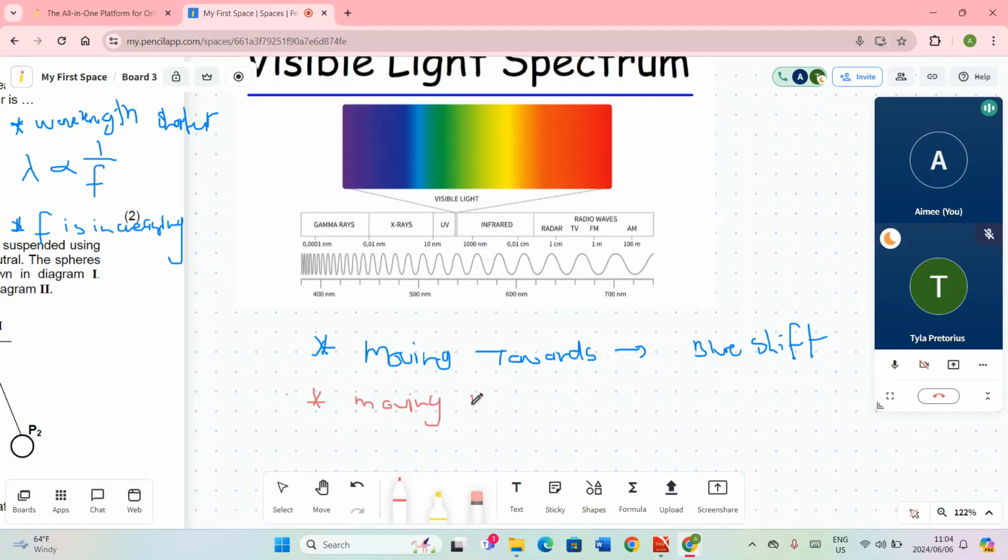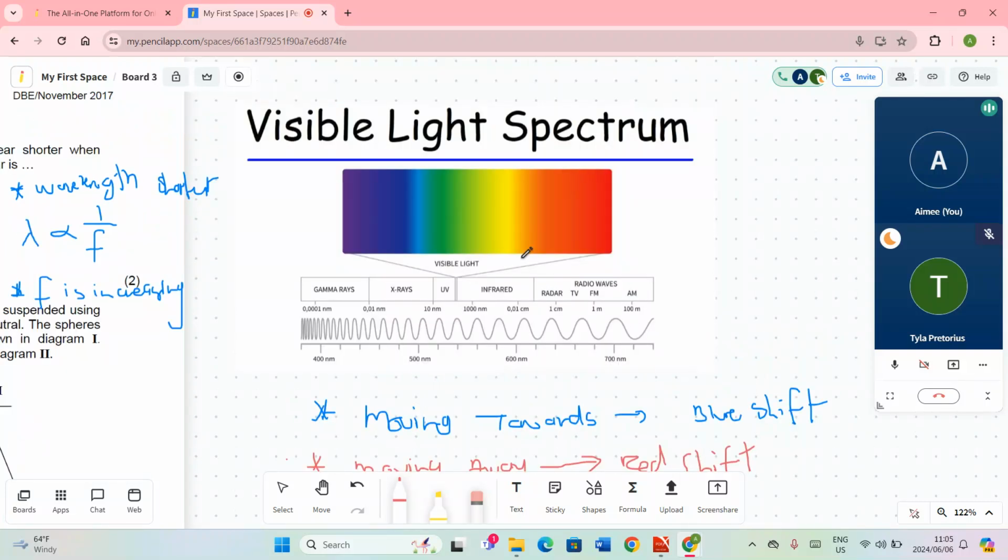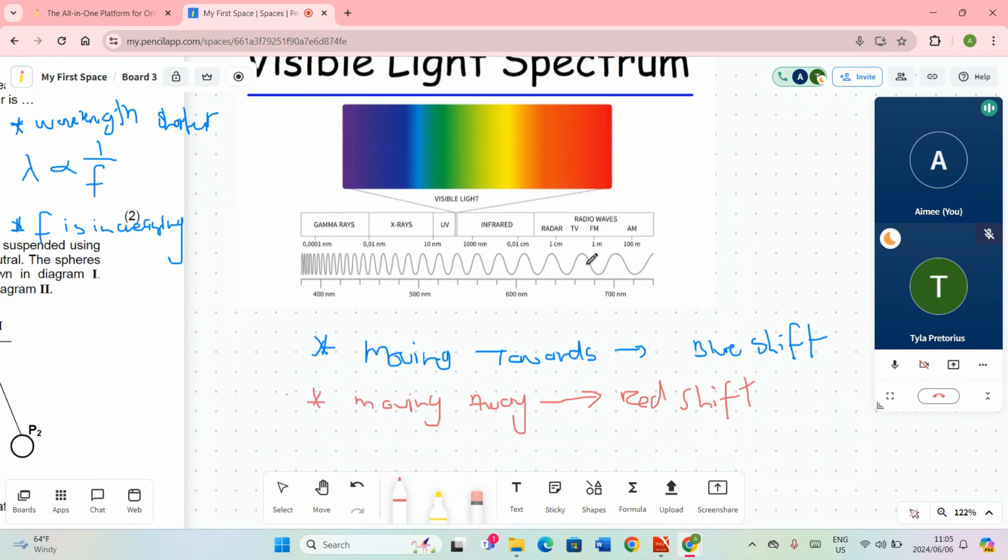And moving away is a red shift because we have an increasing wavelength with a decreasing frequency, which is a shift to the red side of the spectrum. You can see longer wavelength and decreasing frequency.